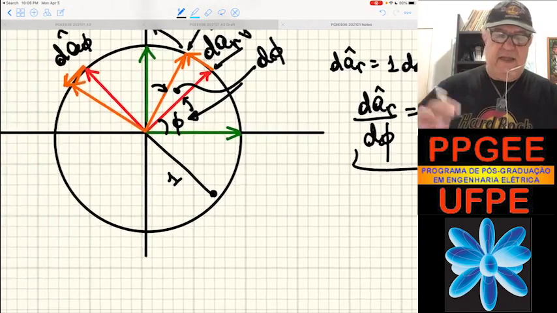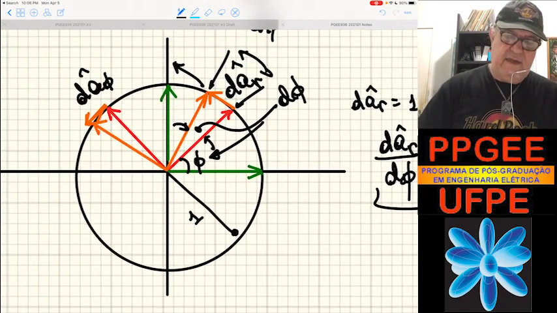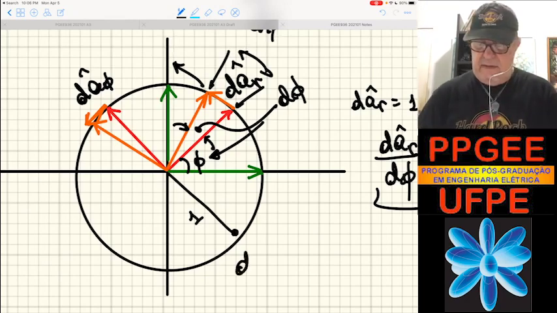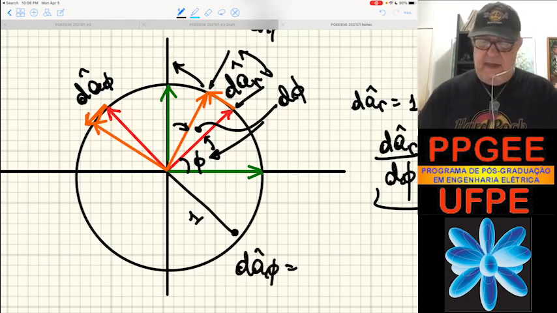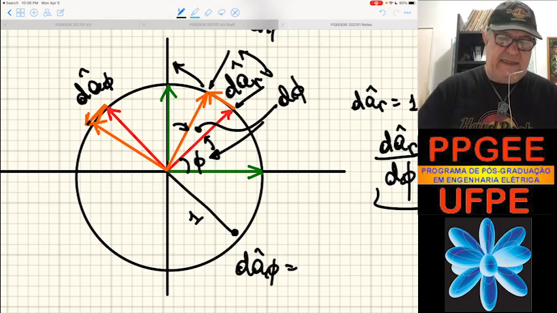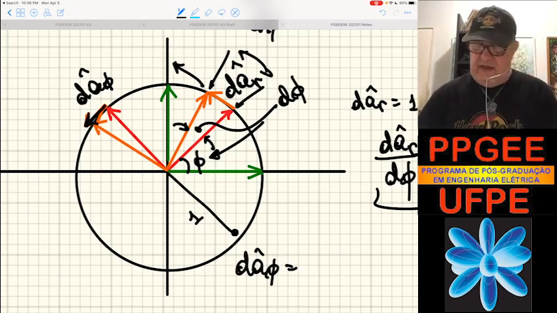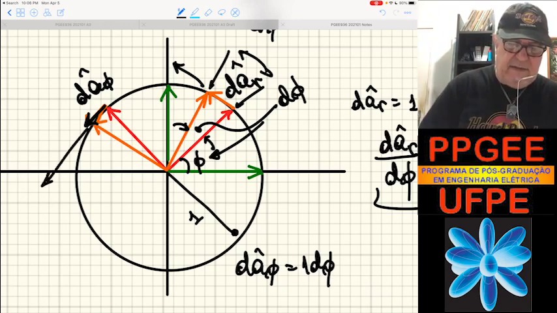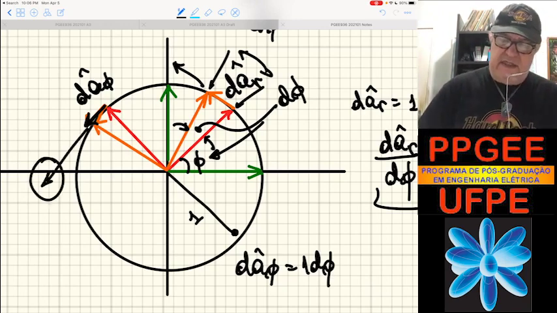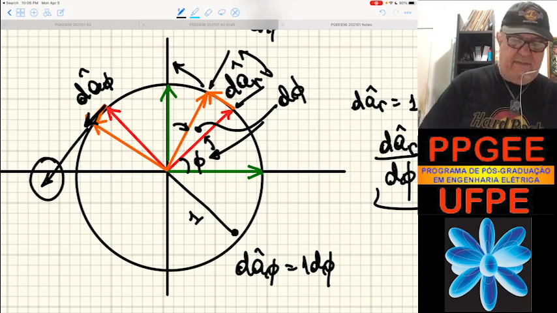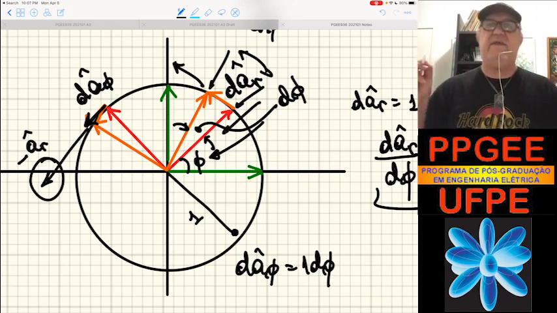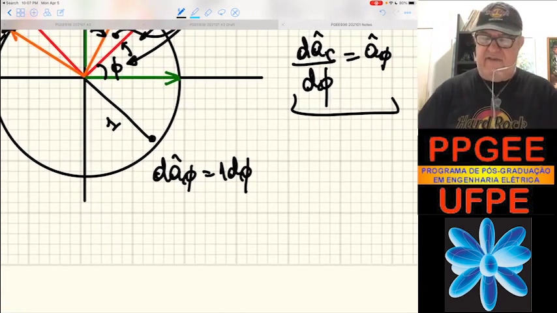That's one of them. The other one is, what is the derivative of A phi? Well, dA phi has the same length, 1 d phi, in the direction of this versor here, but this versor is minus AR, which is directed along the radial direction. So it's 1 d phi times minus AR.